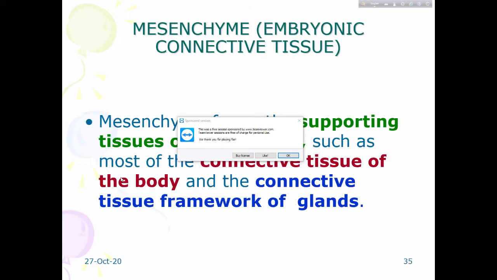Mesenchyme forms the supporting tissues of the embryo, such as most of the connective tissue of the body and the connective tissue framework of glands. To be a gland, there should be epithelial cells and connective tissue cells, which we call stroma.